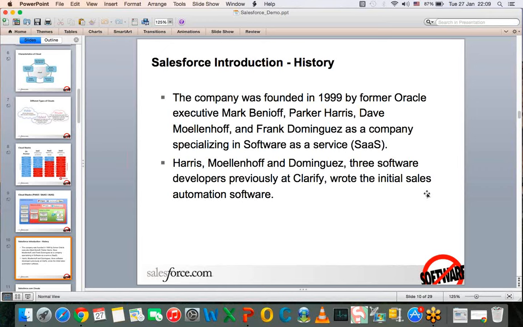later on, from 2005 onwards, they started growing. They started building different applications, like Data.com, or Chatter, or Site.com. There are different applications available in Salesforce.